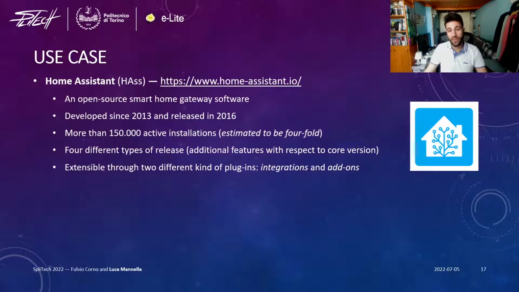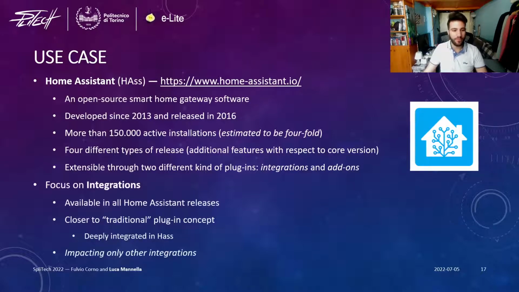But according to the fact that public analytics are not enabled by default, the team estimates that this number could be fourfold. Home Assistant has 4 different types of release, with additional features with respect to the core version, and it is extensible through 2 different kinds of plugins, which are integrations and add-ons.